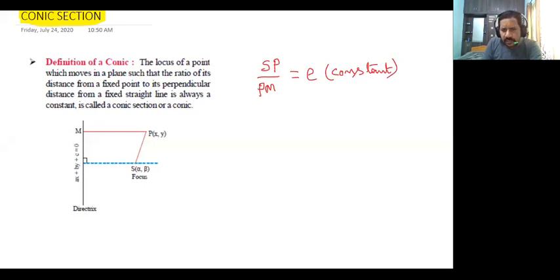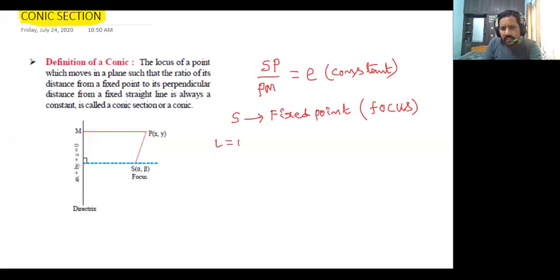What is S? S is the fixed point, called the focus. Then what is the line?